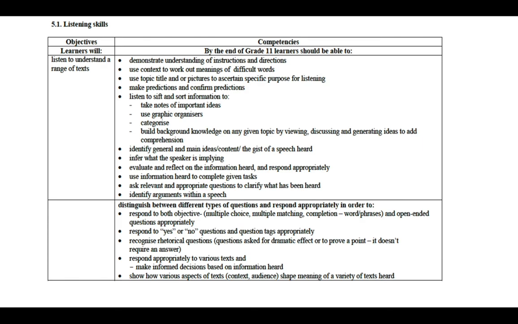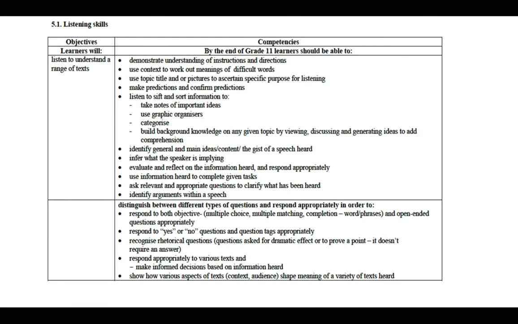Now, let's look at the listening objectives and competencies as stipulated in the NSSCO syllabus. Here we can see that we have the listening objectives and the competencies. So the first one is listening to understand a range of texts, right? And what are some of the skills that they need to be able to do?